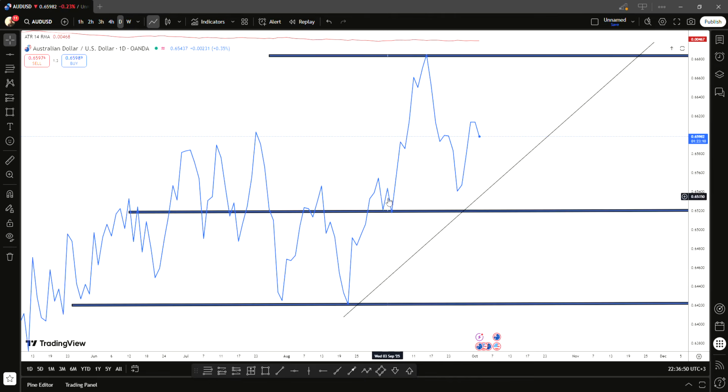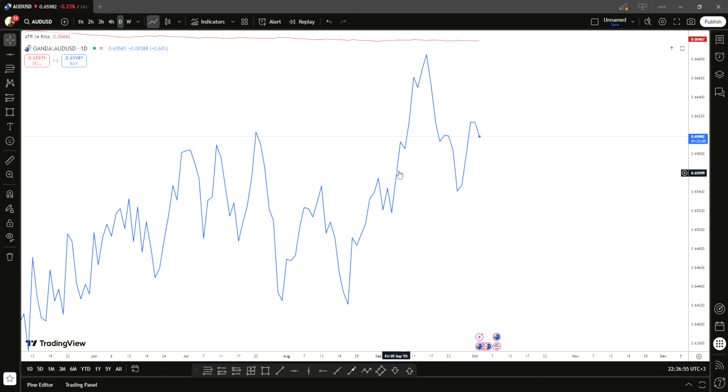Price broke out, used it as support twice, making a double bottom here, and then it shot to the upside. After shooting to the upside, it even broke this previous structure, meaning that is a strong area of support, or a strong area of buyers. So whenever price comes back to that level, obviously we are going to be interested and look to see how we can take advantage of that.